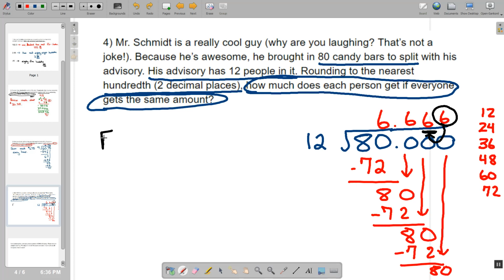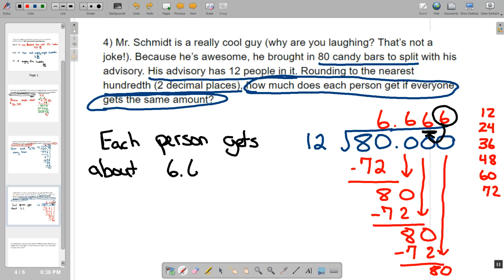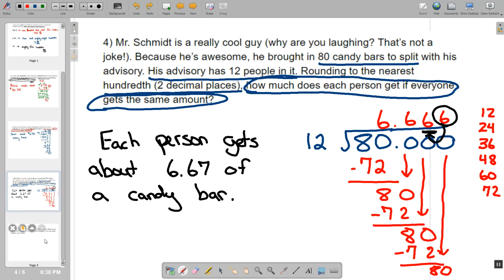So each person gets about, because we're rounding, 6 and 67 hundredths of a candy bar. There we go.